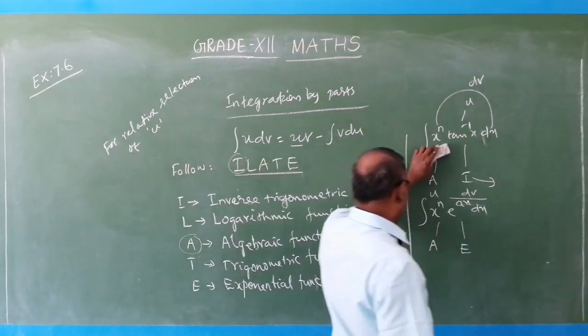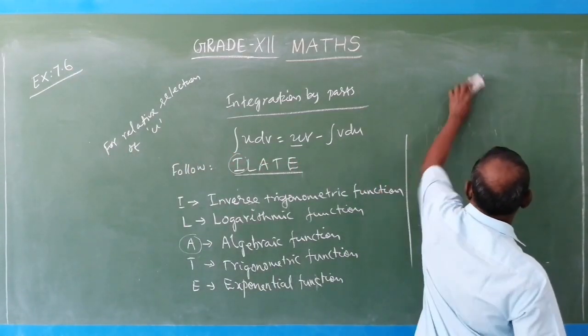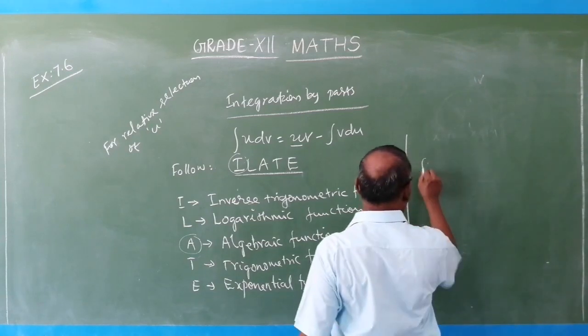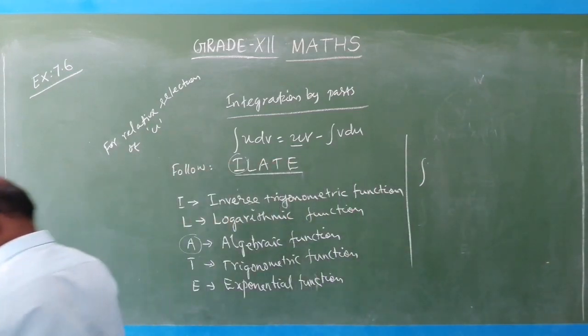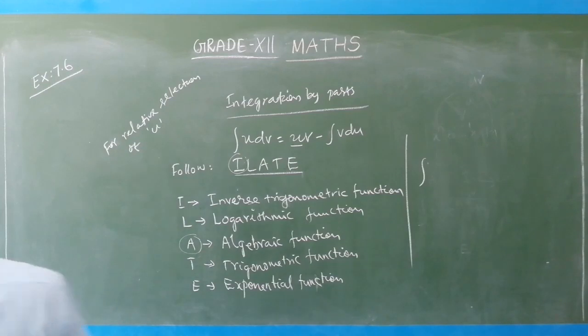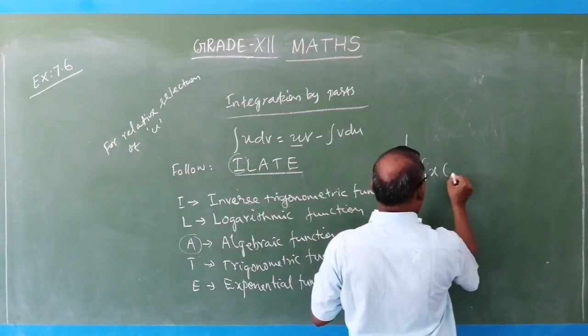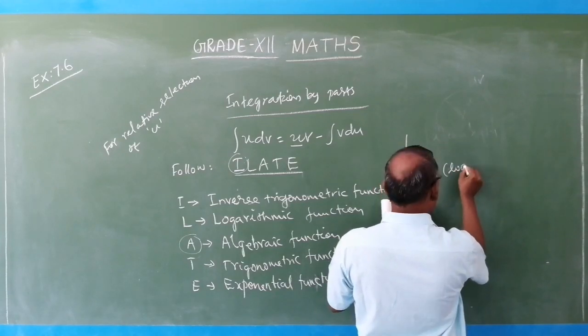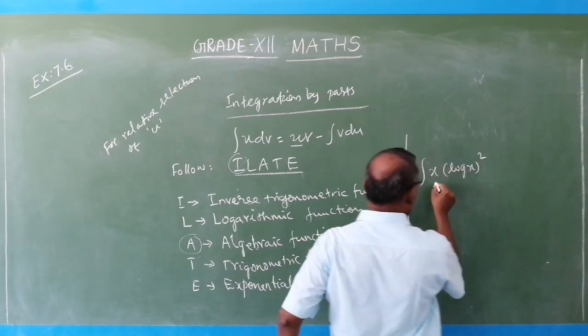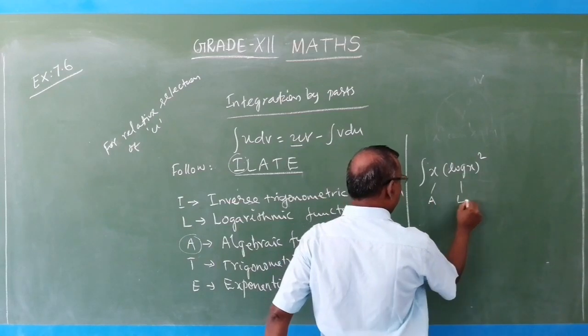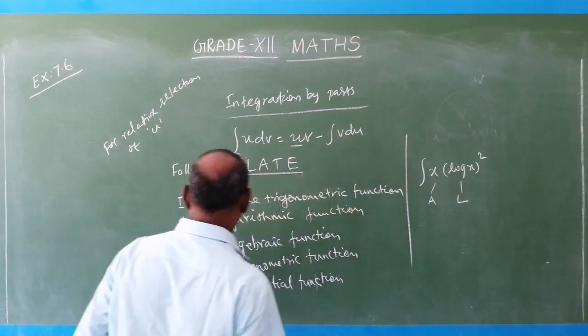Also consider another one. For example, in questions number 14 and 15 we are given integral x into log x whole square. This is an algebraic function and this is a logarithmic function. Which should be preferred?